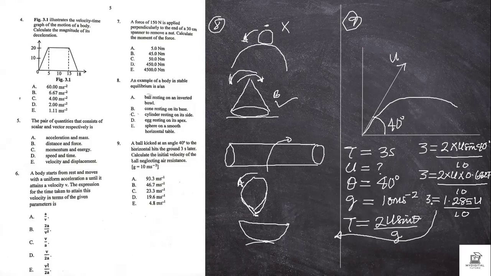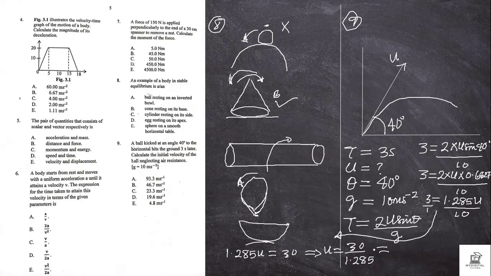So the next thing is for us to cross multiply. 1 multiplied by this will give us 1.285u is equal to 30. This implies u is equal to 30 divided by 1.285.